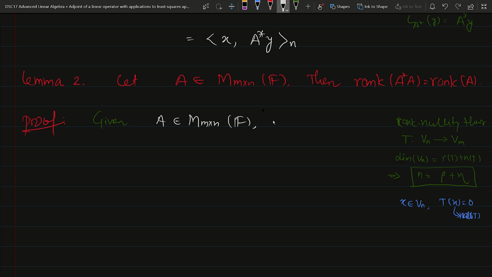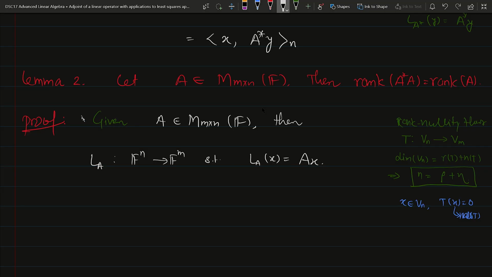Then what about the linear transformation related to this A, that is the left multiplication, that will be from Fn to Fm such that L A on x is equal to A times x.